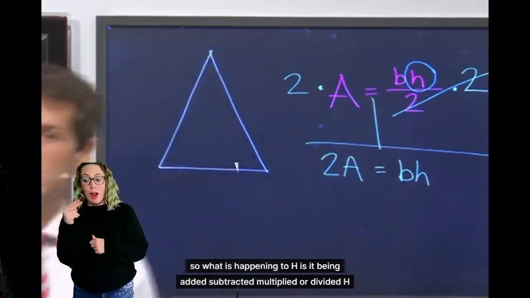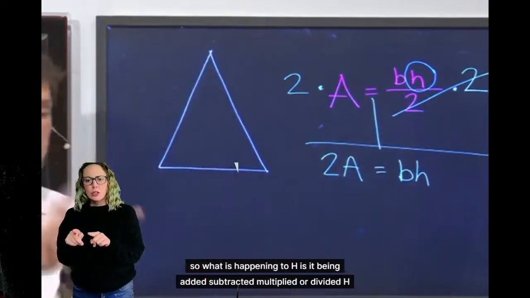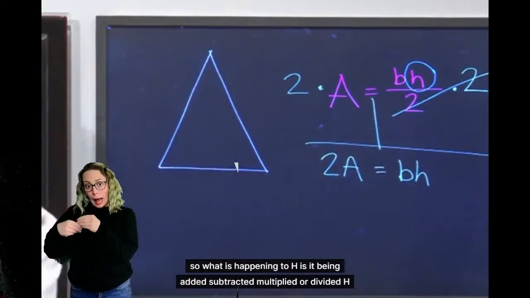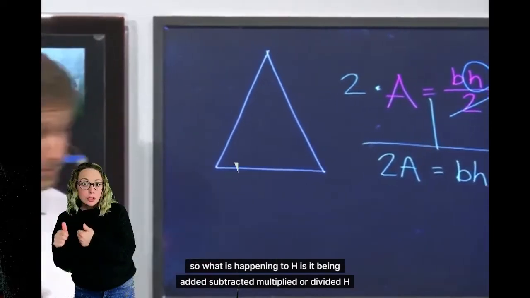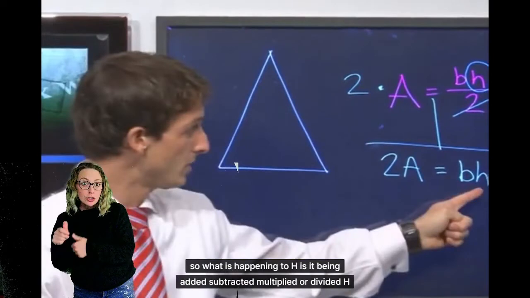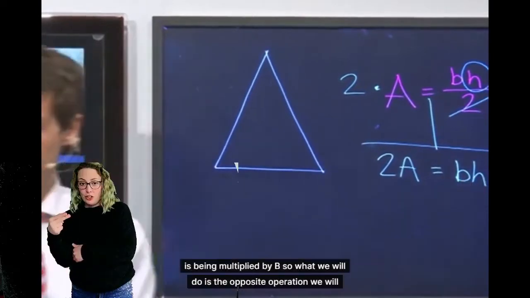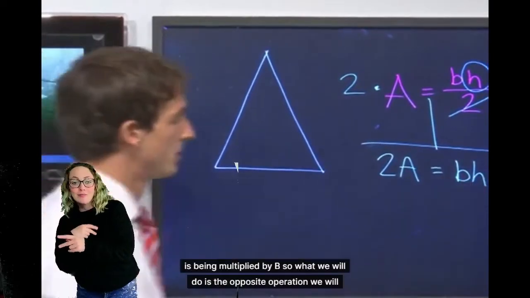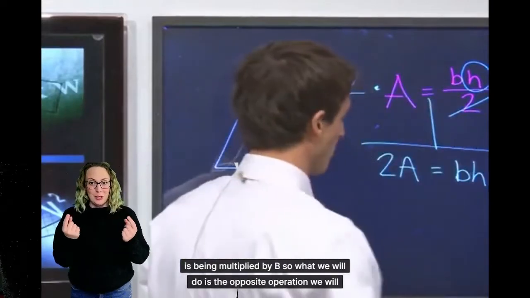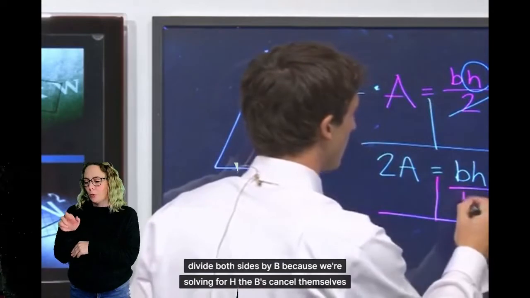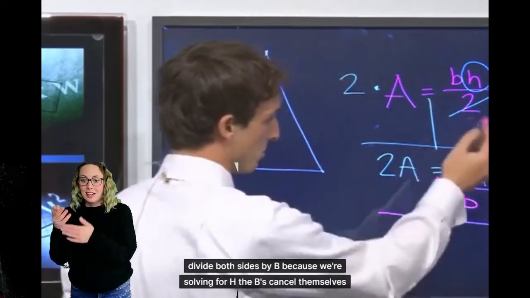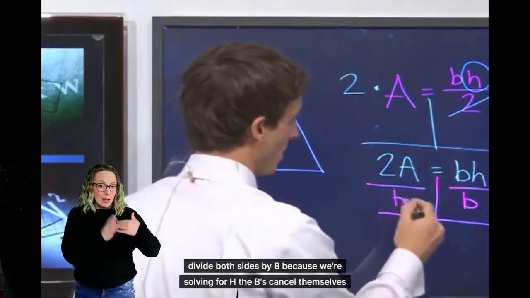So what is happening to h? Is it being added, subtracted, multiplied, or divided? h is being multiplied by b. So what we will do is the opposite operation. We will divide both sides by b because we're solving for h.